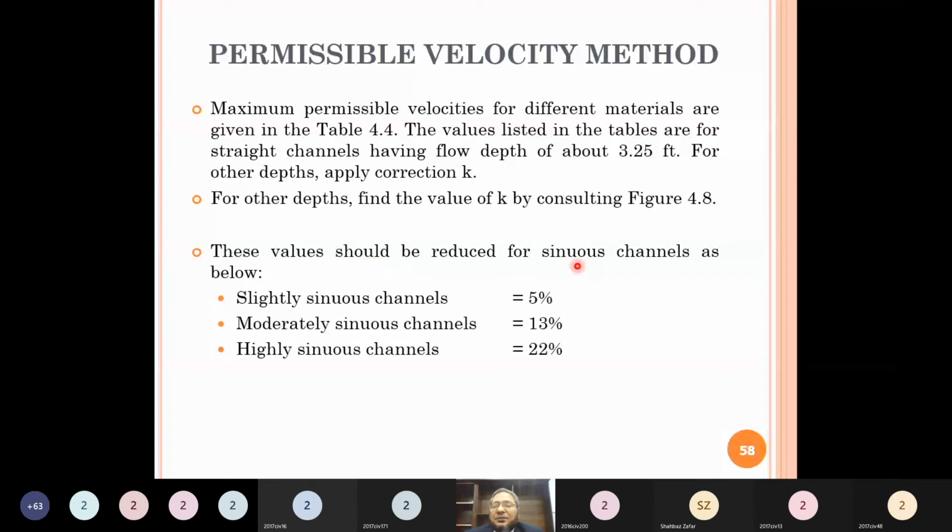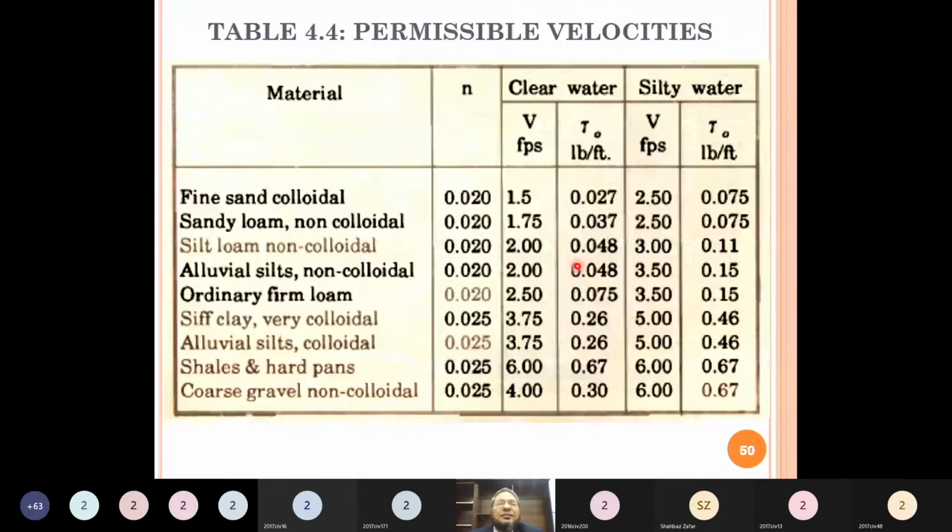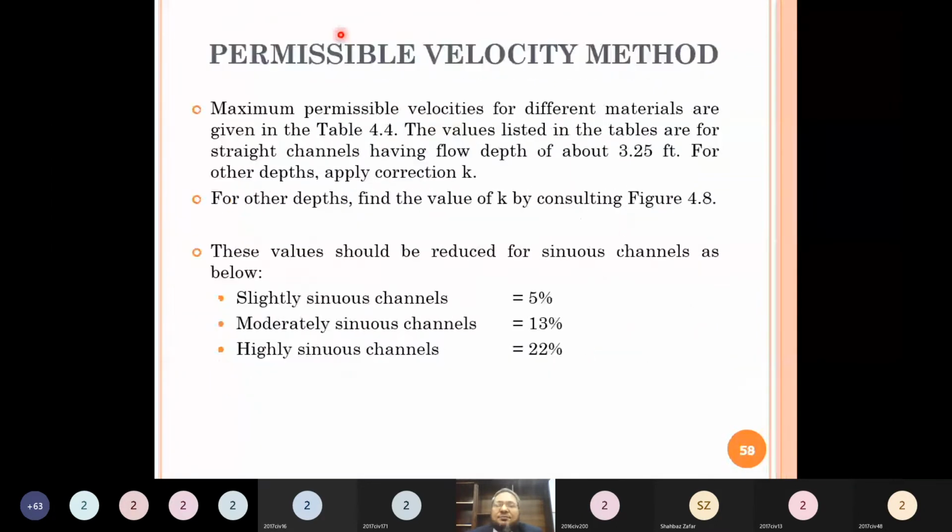These values should be reduced. Which values? Those given in table 4.4. We have to reduce them for sinuous channels as given below. If the channel is slightly sinuous, then we should reduce those velocities by 5%.